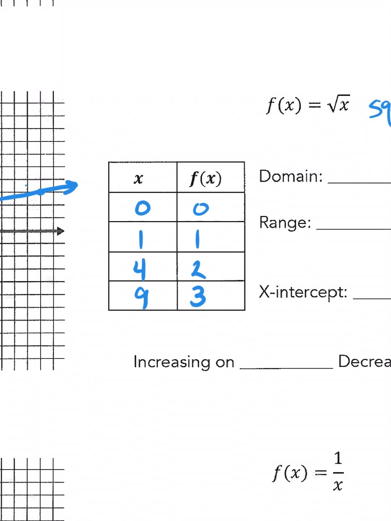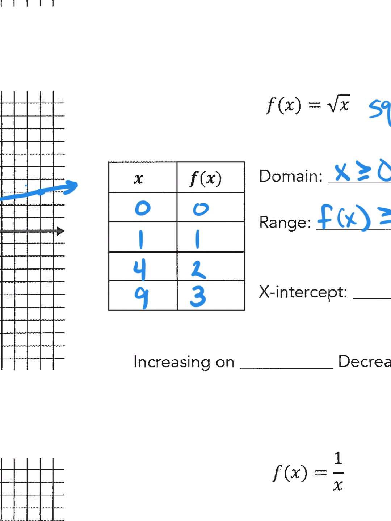So what is the domain for this guy? X is greater than or equal to what? 0? How would you write range? F of x is greater than or equal to 0.